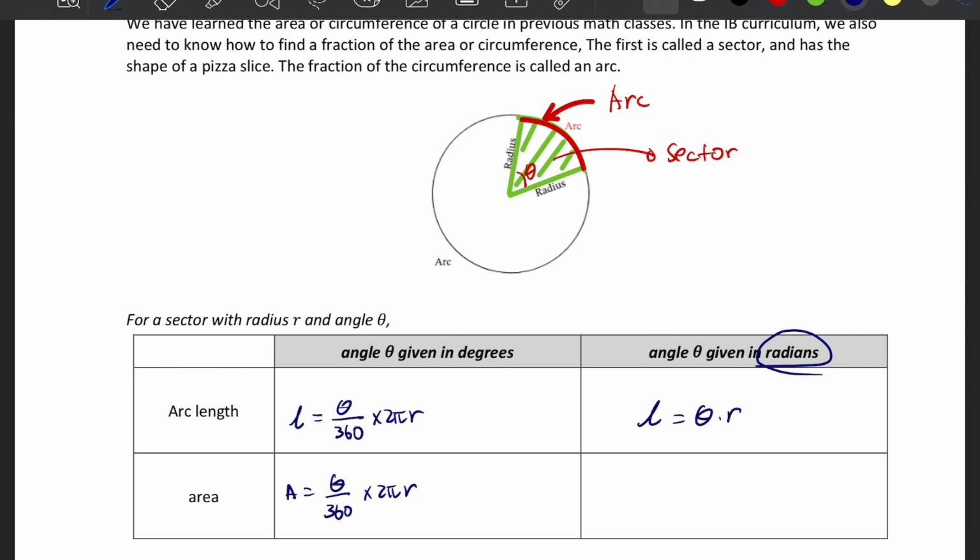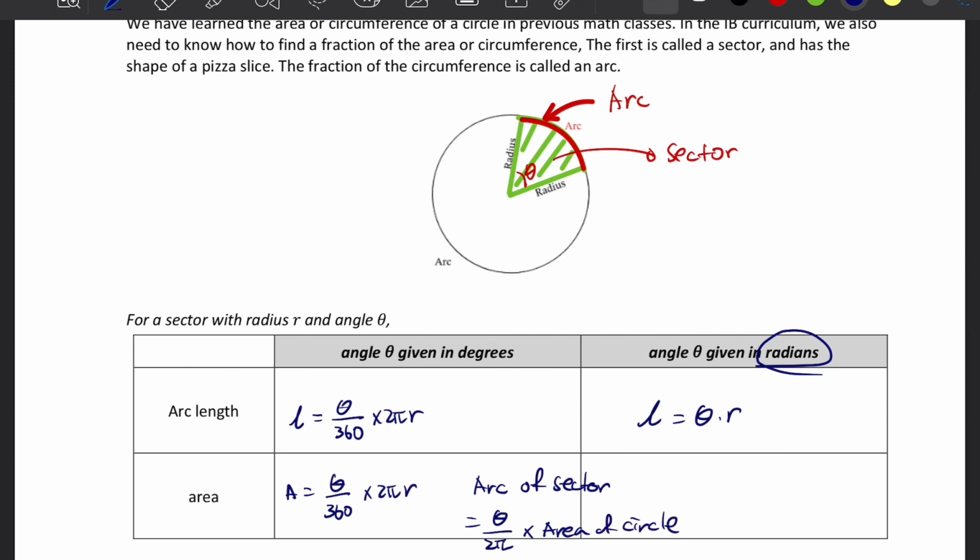Okay, and since there are 2 pi radians in a circle, the area of a sector is always equal to theta over 2 pi times the area of a circle, right?